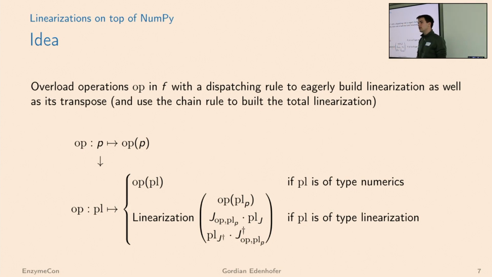If it is a linearization, however, we're again going to call it on the primals vector, here denoted by PLP, and additionally construct a linearized version and the adjoint of the linearized version. So we're going to linearize our operator at the position PLP, and then multiply times the linearized version that is already part of the linearization that we're getting in. So we're applying the chain rule as part of our overloading strategy.